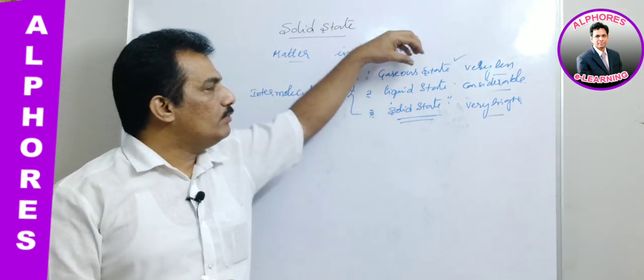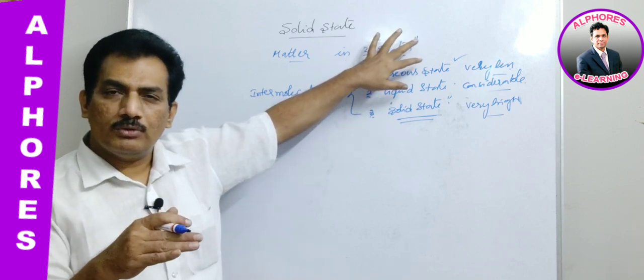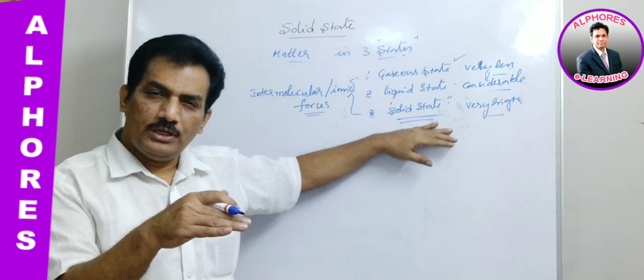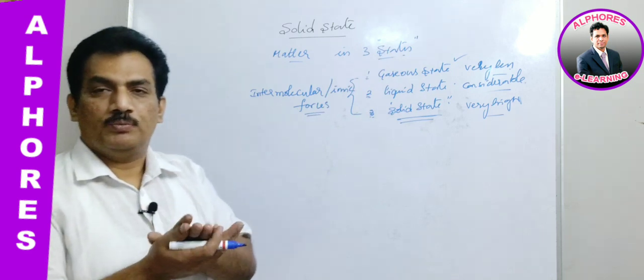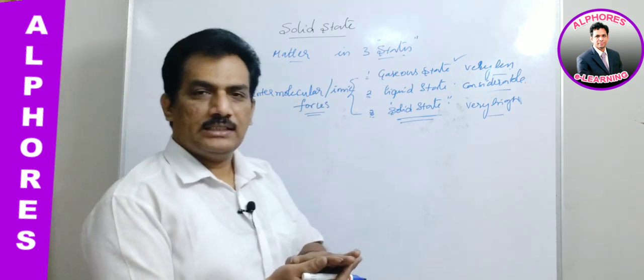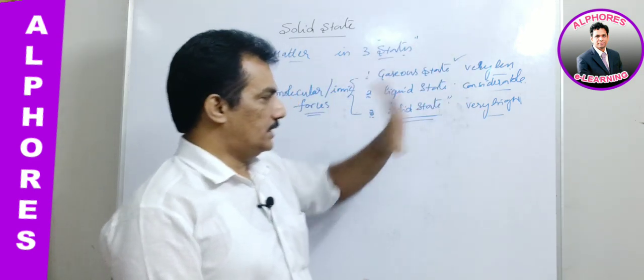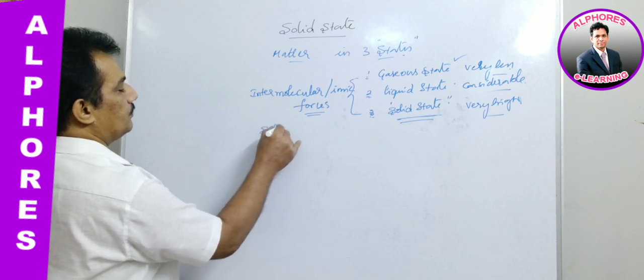So gaseous state has very less intermolecular force of attraction, and solid state has very high intermolecular force of attraction. Simply we can say that for liquid state, the intermolecular forces are in between these two. Clear? And now our study is related to the solid state.